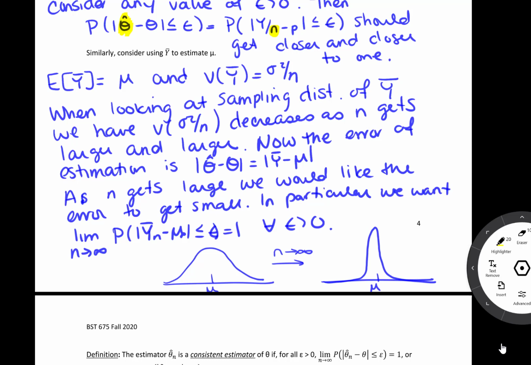So as that variability decreases, the probability that the distance between y bar and mu is within some small amount is going to increase and increase until it gets to 1, and this is contingent on n going to infinity. In other words, our sample size is just becoming massive.